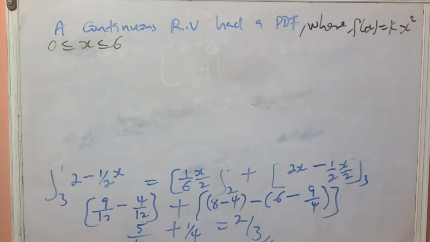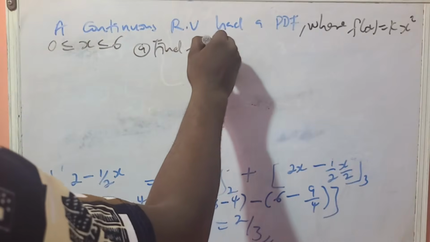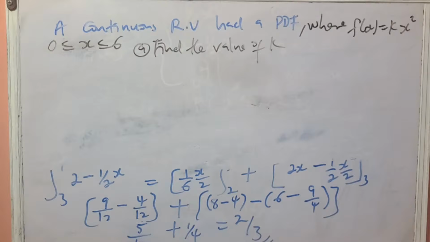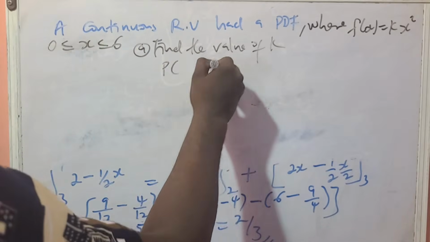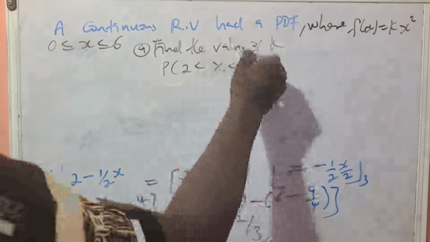All right, does this make sense? Now, the first question is for you to find the value of k. All right, can you attempt that quickly? What's the value for k? And the second question is for you to find the probability of x being between 2 and 4.